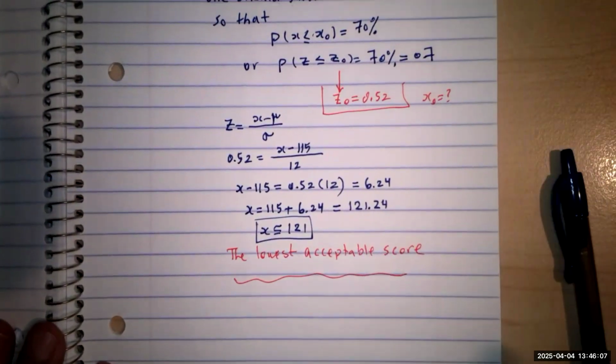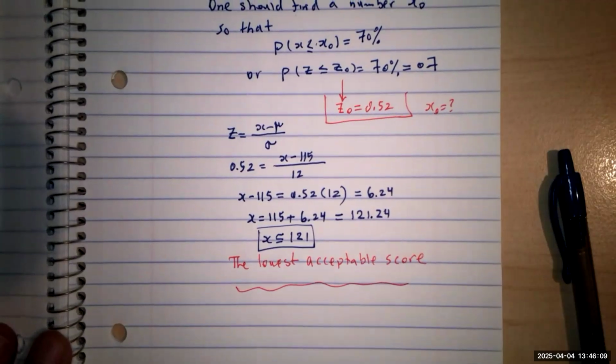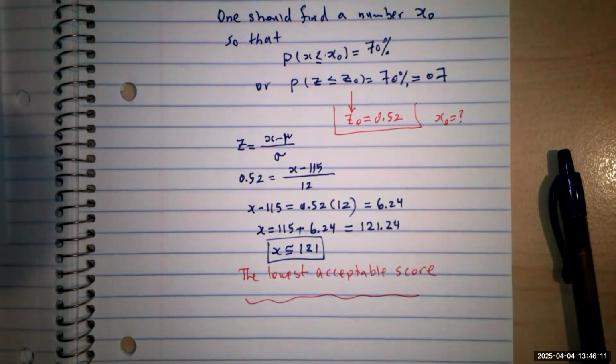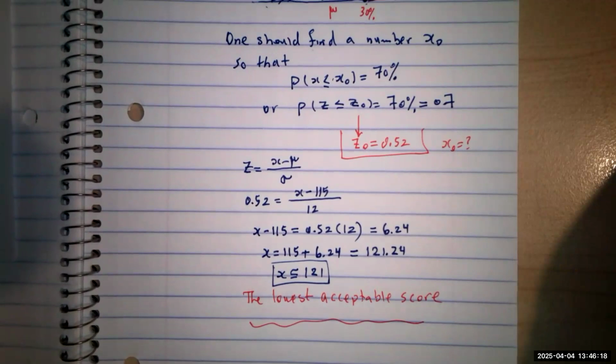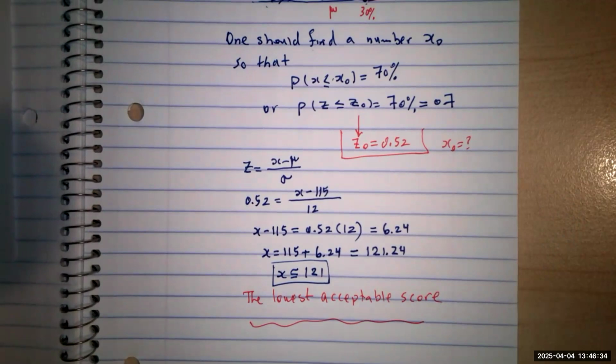But these 70%, 30% are percentiles. Remember the percentile that we did before? So what you can do is use the Art of Stat application and find this quickly. So I'm going to go back to that application and show you how to do it quickly. Let's go back to Art of Stats.